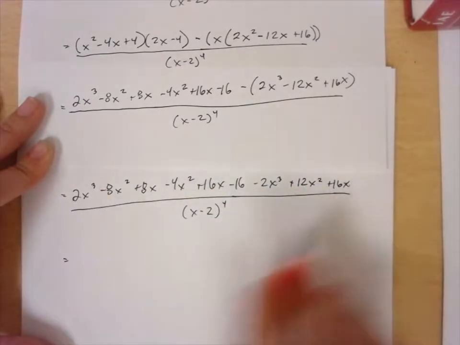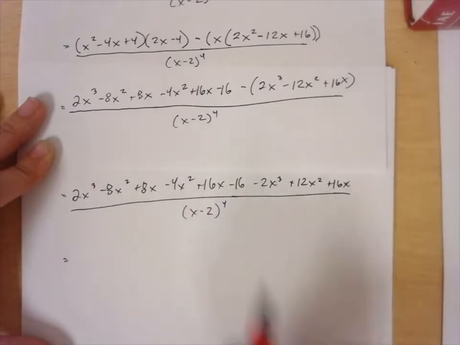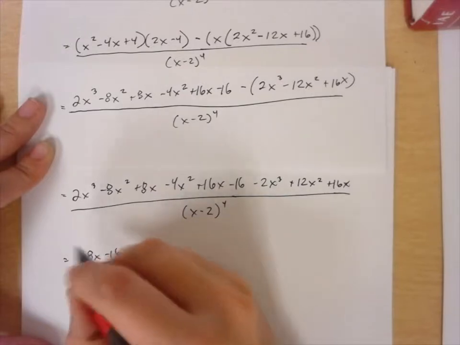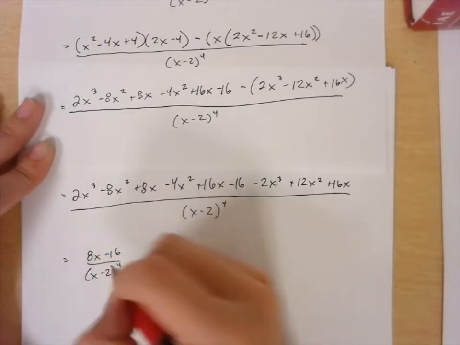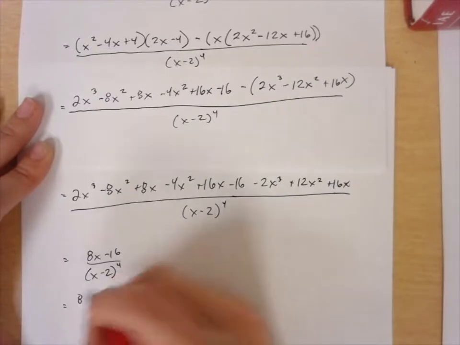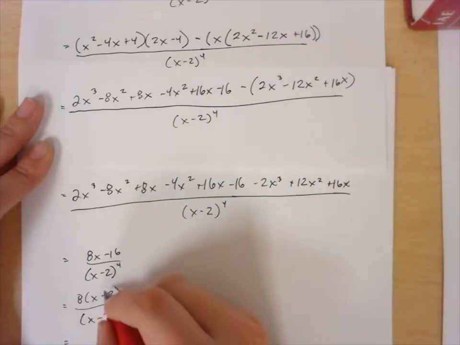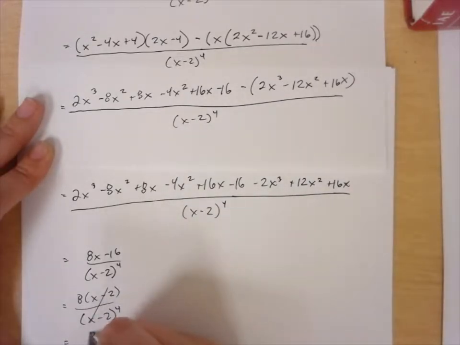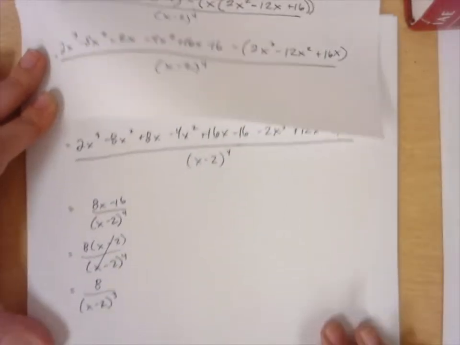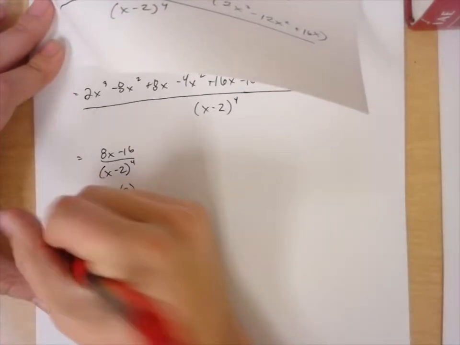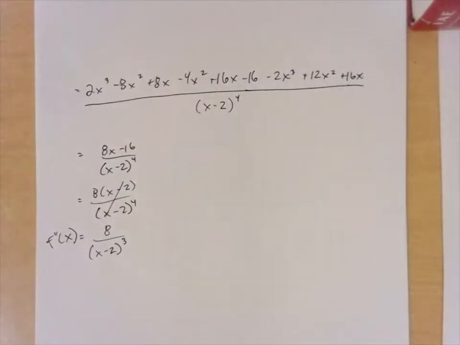Now, once you've combined everything and canceled everything that you can on top, you should be left with an 8x minus 16 all over x minus 2 to the 4th. We can factor out that 8, and we get an x minus 2 all over x minus 2 to the 4th. So just like that problem in class, we can cross off an x minus 2 from the bottom, and we get 8 over x minus 2 cubed. And that, ladies and gentlemen, is our second derivative. Oh boy, we've got a lot of work to get there.